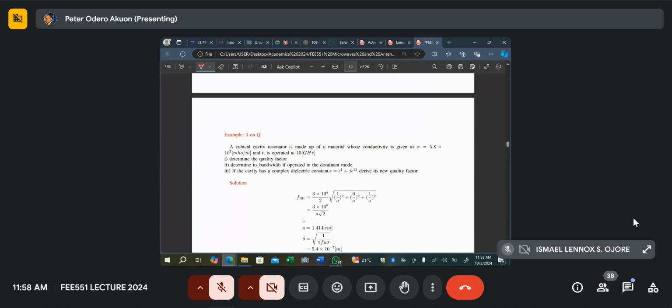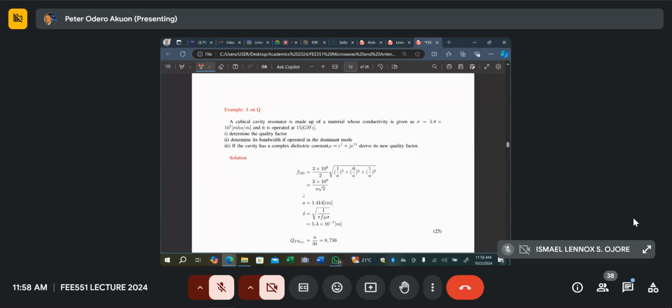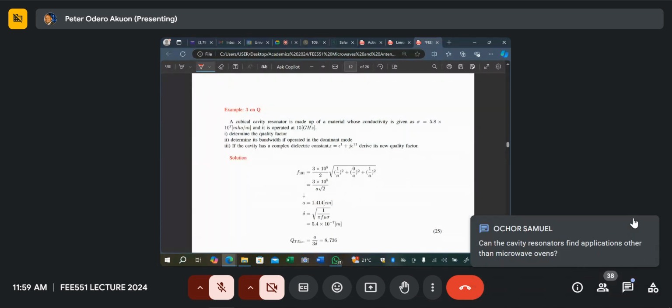And then the cavity now has a complex dielectric constant. A complex dielectric constant could be caused by some variation in humidity or air temperature. You have a changing dielectric constant because of humidity. In that case, the effect of that dielectric constant at the boundary, where air is less dense or more dense than the other, would cause some complex permittivity, and that will affect the cavity.